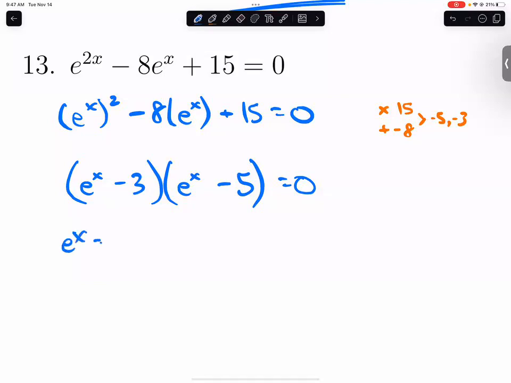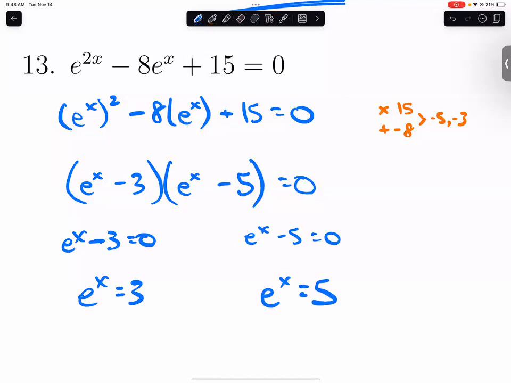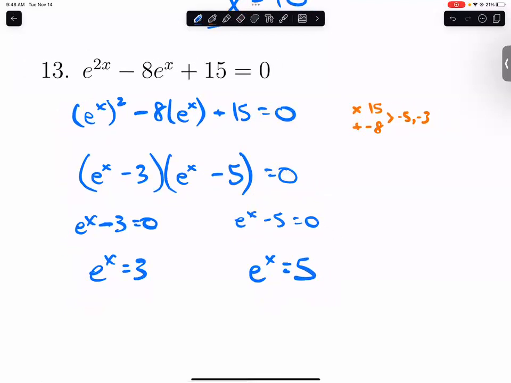Correct. So e to the x is 3, or on the other hand, 5. And if it was just quadratic in terms of x, we'd be done. But since it's e to the x, we got one more thing to do.